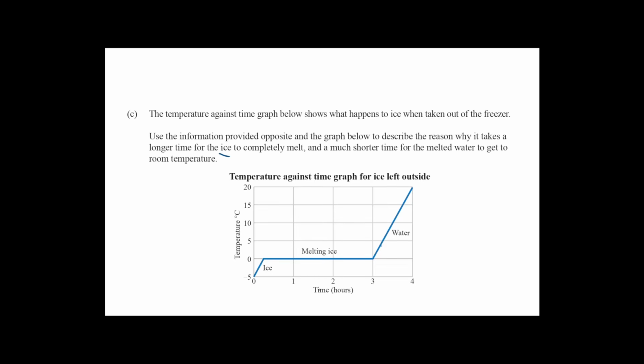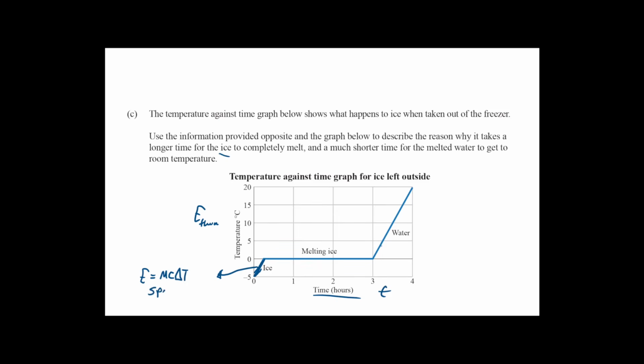So on this axis here, we have the time, and this is going to be the thermal energy. All right, so here it heats up fairly quickly, and in here it is going to be the MC change in temperature.